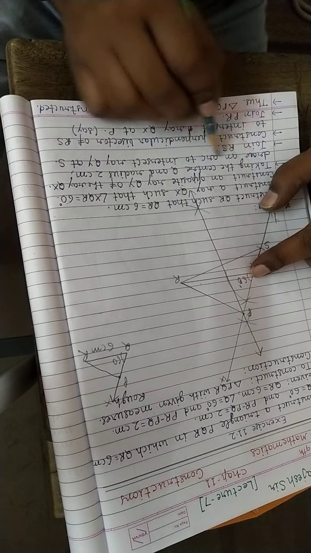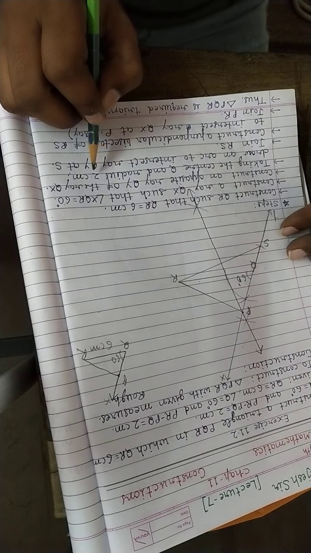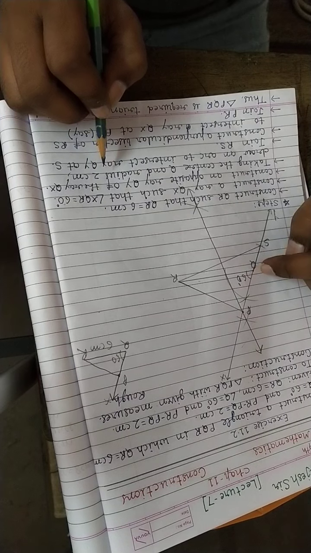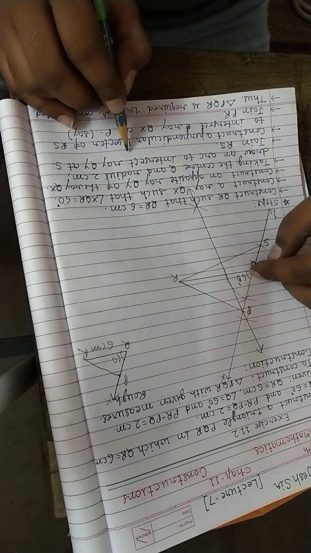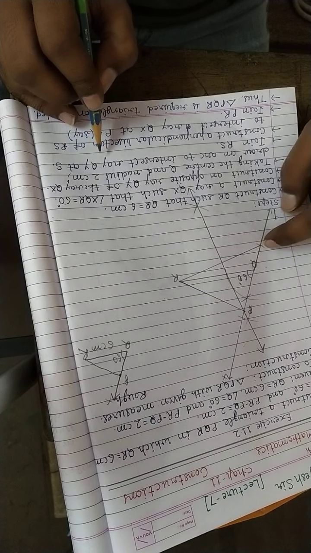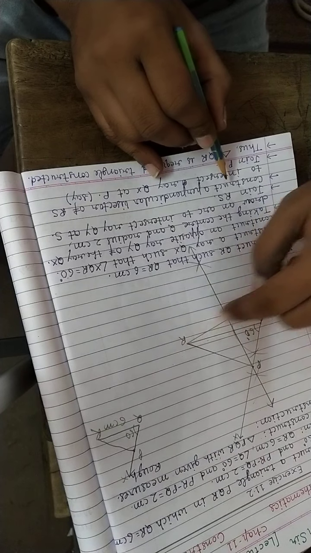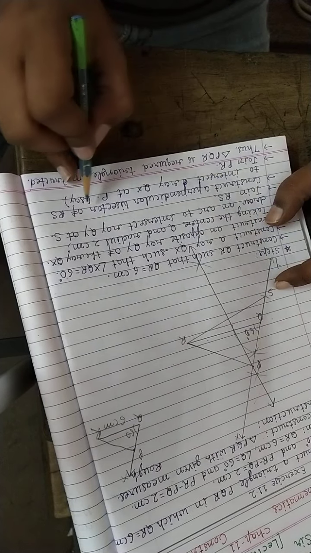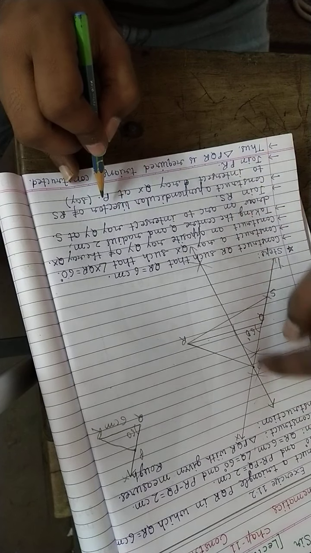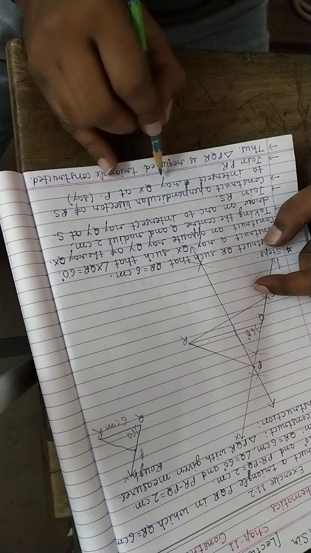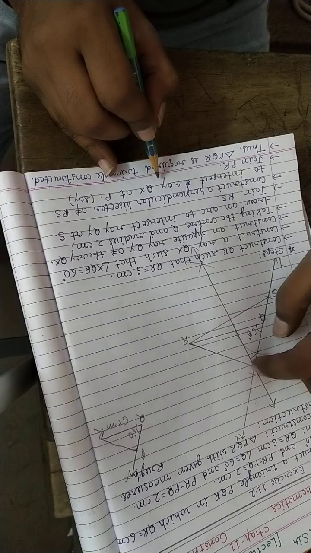Then taking the center as Q and the radius as 2 centimeter, that is the difference of the two sides given, that radius we have to take. Taking the center as Q, 2 centimeter radius, draw an arc to intersect the ray QI at S. Then join RS, and construct the perpendicular bisector of RS to intersect the ray QX at some point.